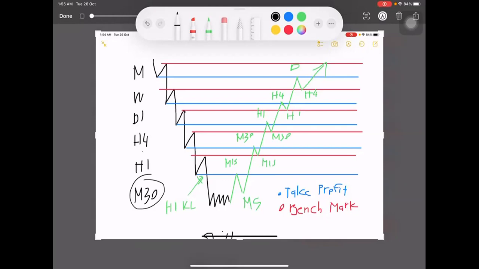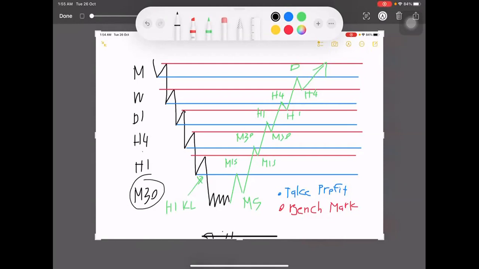Yes. From the H1 key level. Or to get to the retrace, you have to go down to the setup, which is the M5.